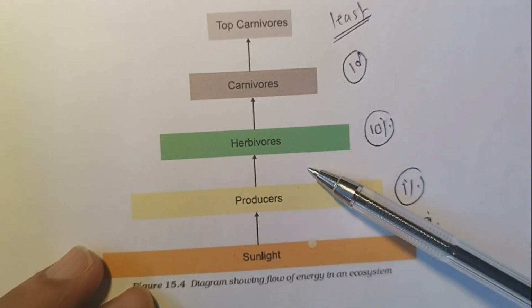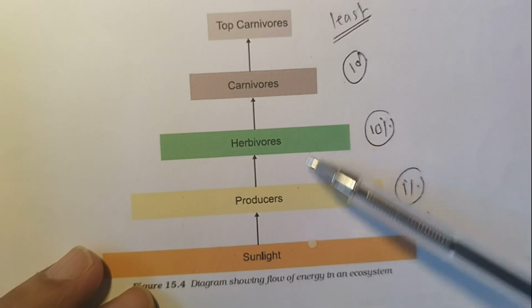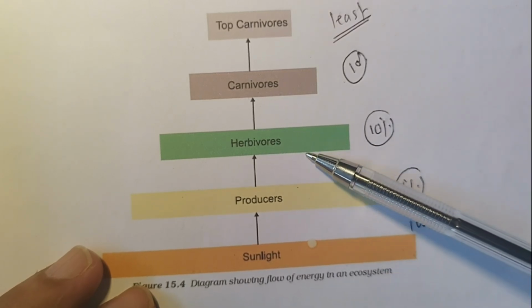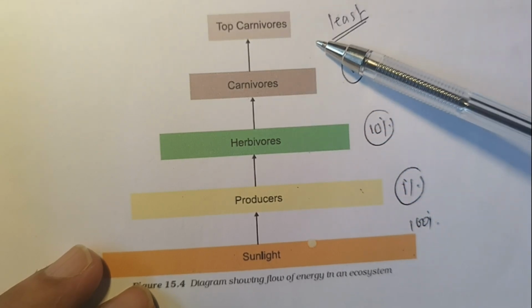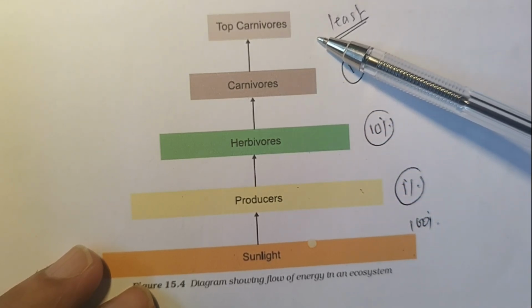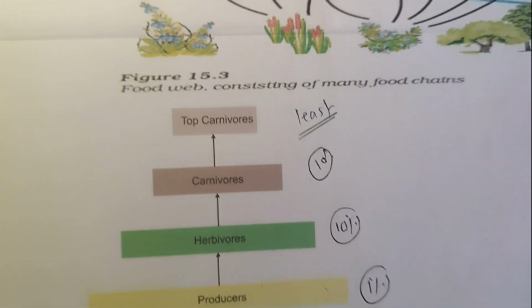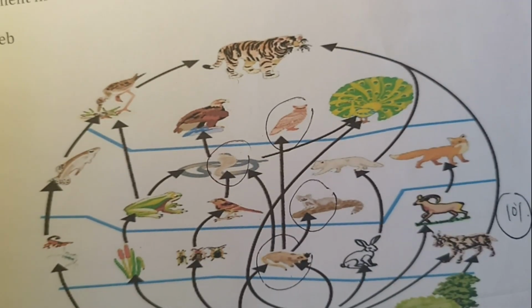Energy passed to the herbivores does not come back to the autotrophs. It moves progressively through various trophic levels and is not available for the previous level. Understand this principle: it's a one-way direction, it's unidirectional.